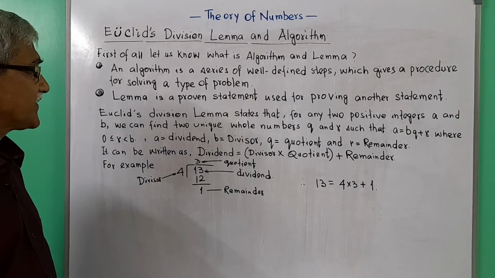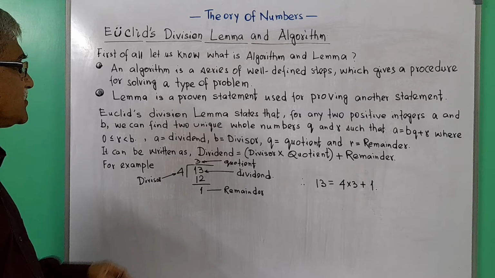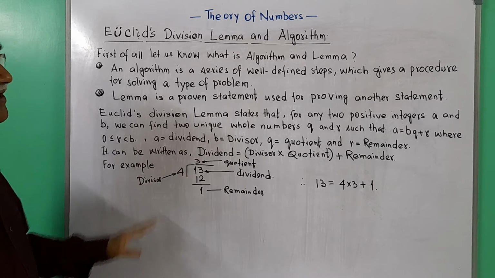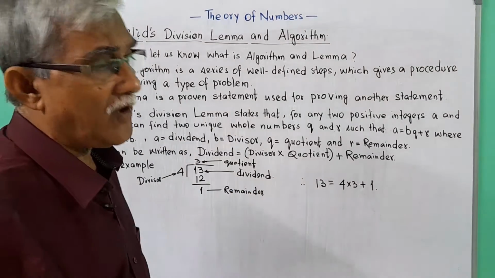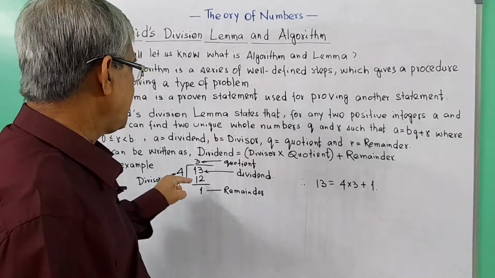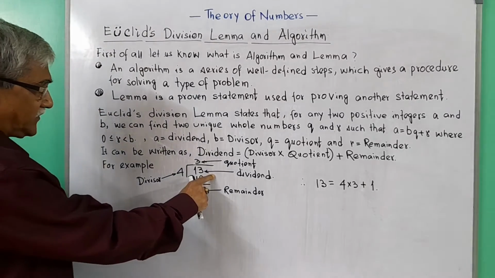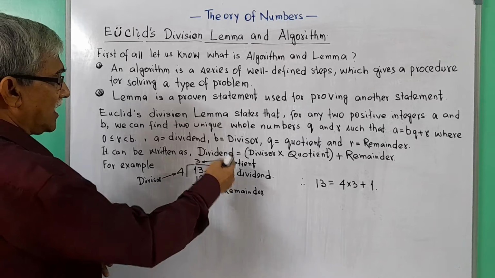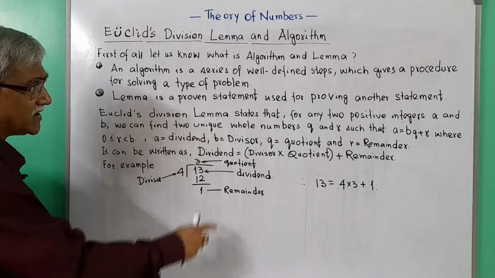Let us take a small example. Say you are dividing 13 by 4. 13 is not divisible by 4. 12 is divisible by 4, but 13 is not. So if I am dividing 13 by 4, then 13 is the dividend and 4 is the divisor. 4 threes are 12, so 3 becomes the quotient and 1 becomes the remainder.